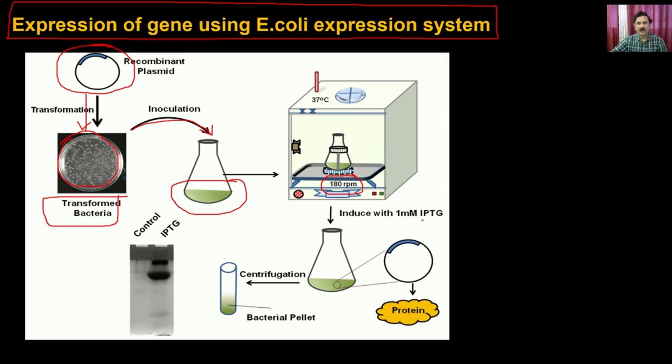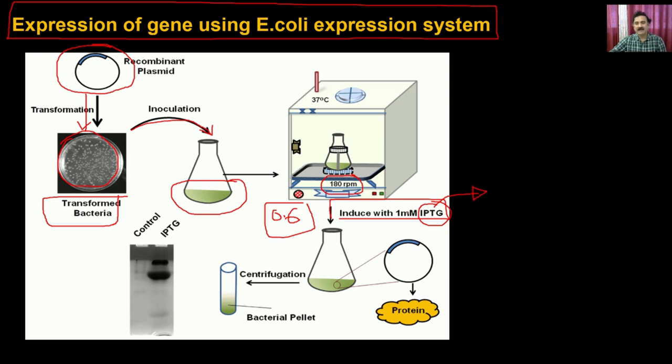the bacteria will grow. Once the bacteria reach an OD of 0.6, for example, you can induce the protein production with the help of an inducer called IPTG, or isopropyl thiogalactoside.